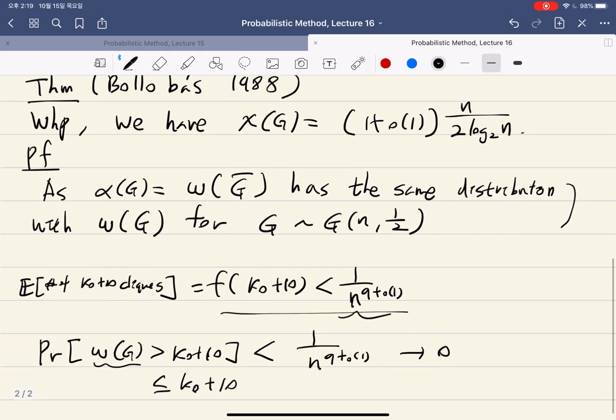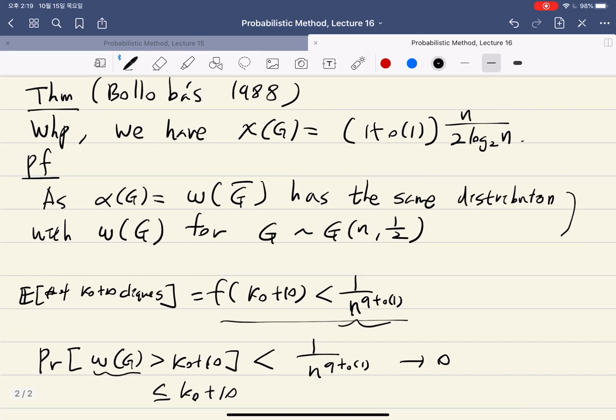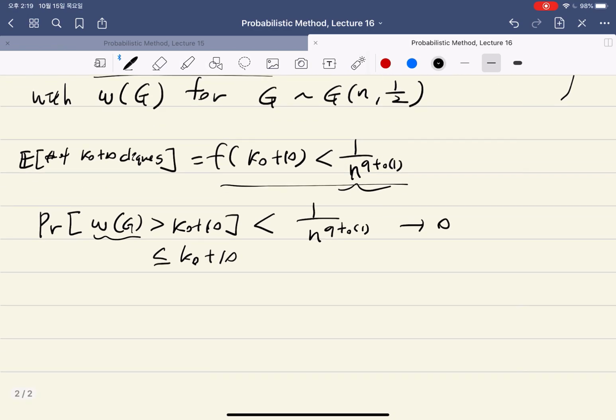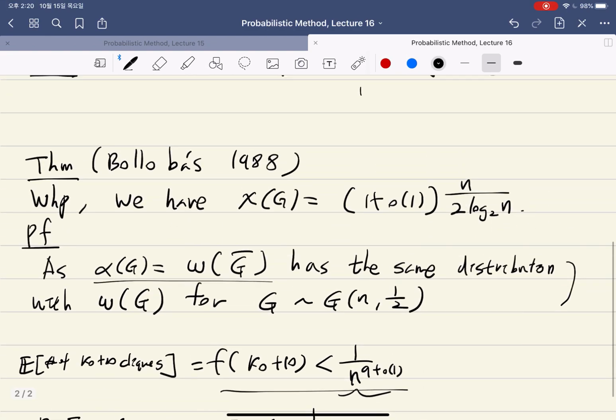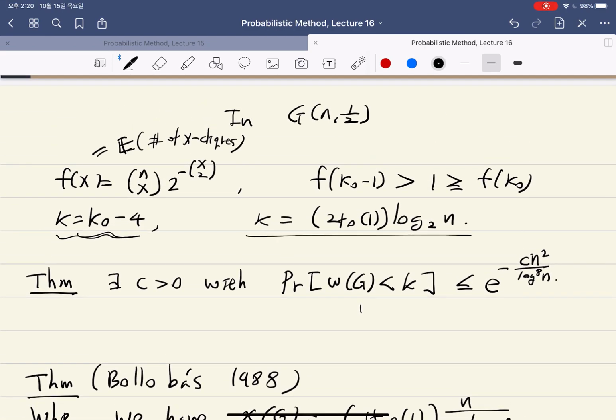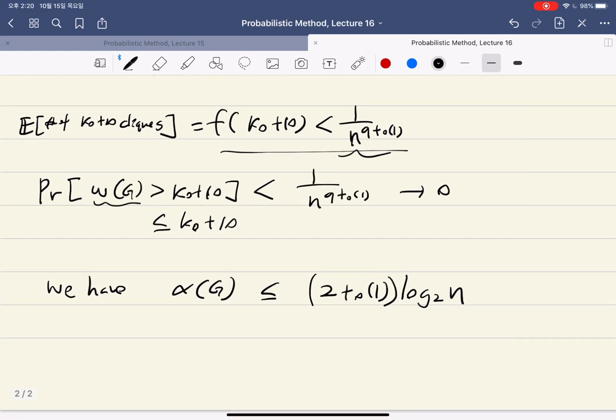And because alpha of G has the same distribution as omega of G, the independence number has the same distribution as the clique number, we know that the independence number of G is also upper bounded by more or less k. We know that k, or k0, or k0 plus 10, has this form: n over 2 plus little o of 1 times log base 2 of n.